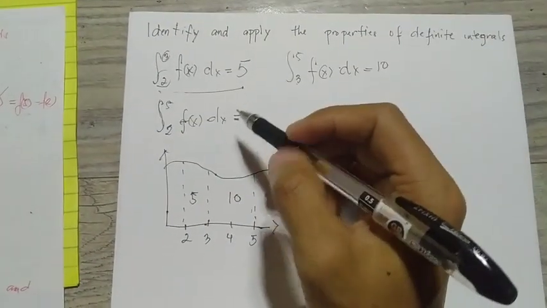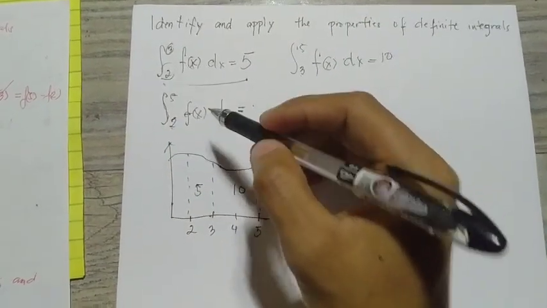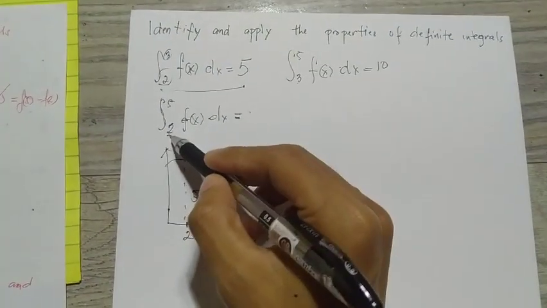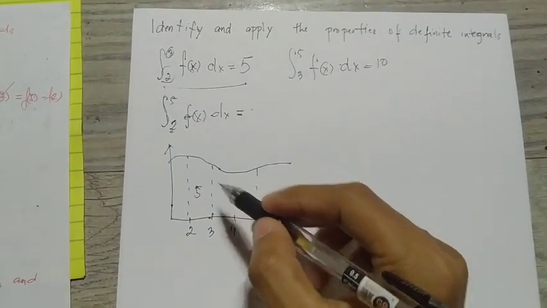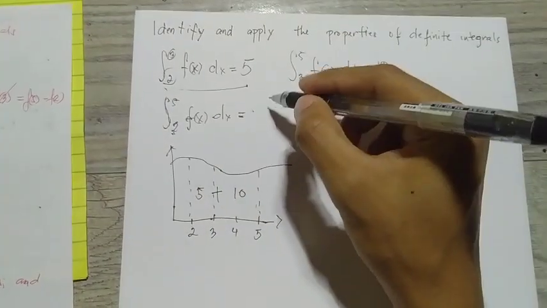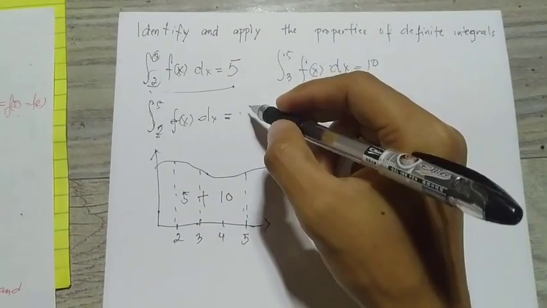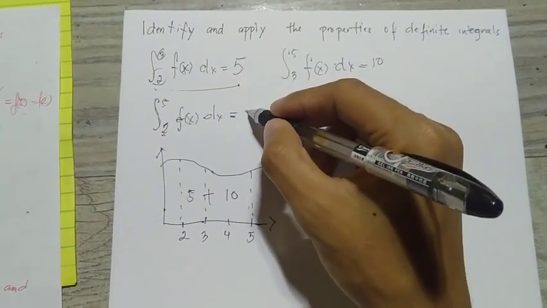So the problem is we need to find the area from 2 to 5. It is simple, we need to add them. So 5 plus 10 is 15.